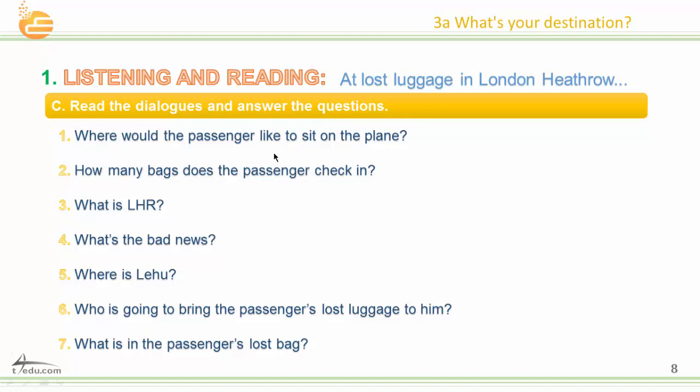Okay. Now let's check your answers. Number one, he would like to have an aisle seat. Number two, how many bags? 2 bags, of course. Number three, the airport code for London Heathrow. Number four, what's the bad news?